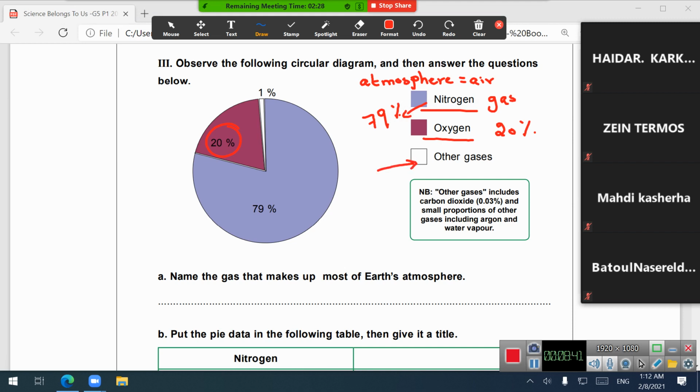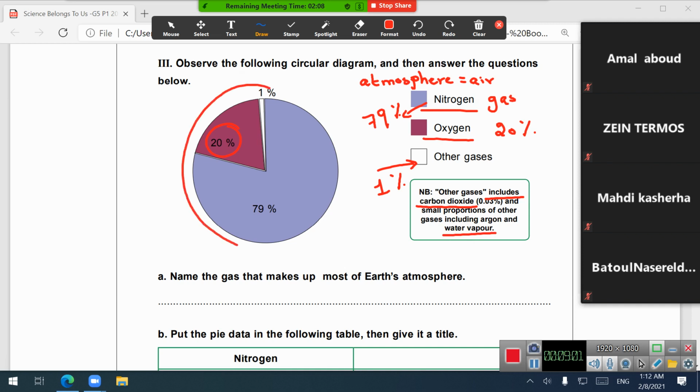The little amount, which is 1%, is made up of other gases, which include carbon dioxide and others such as water vapor.